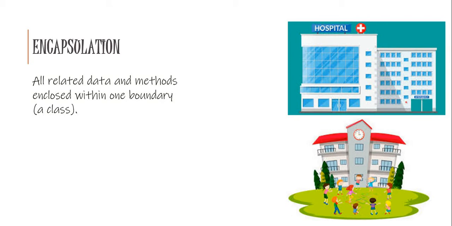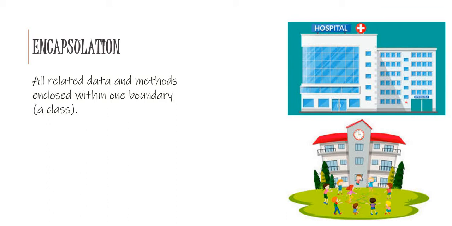If I show you the example of a hospital, a hospital is not just a building. The building has certain extra things, which is why it is a hospital. There must be some operation theater, there must be some patient servicing, like those OPDs, etc. There should be some medical shop, there should be similar facilities.